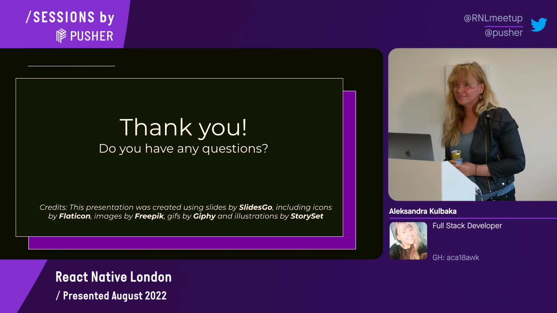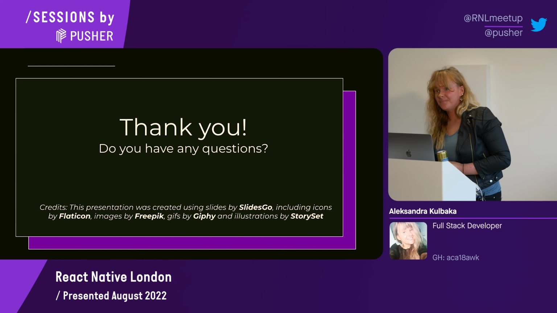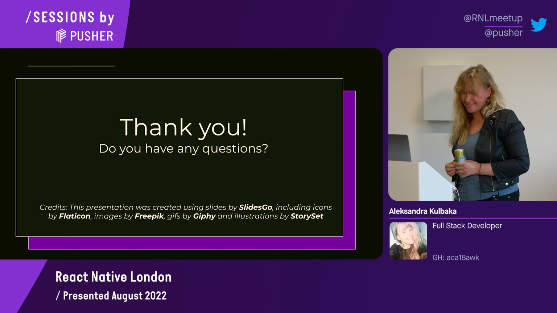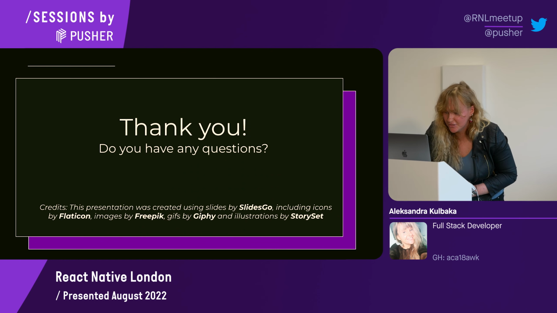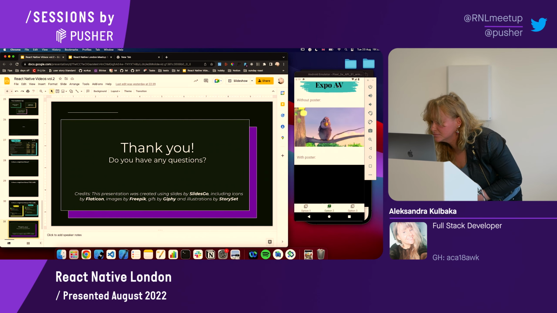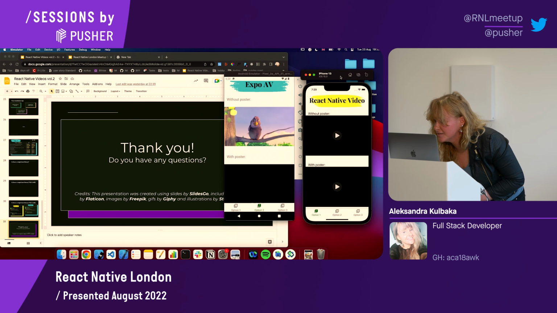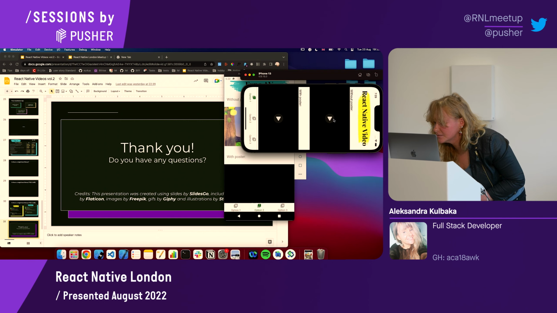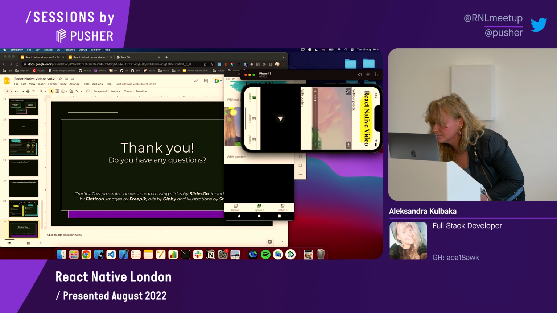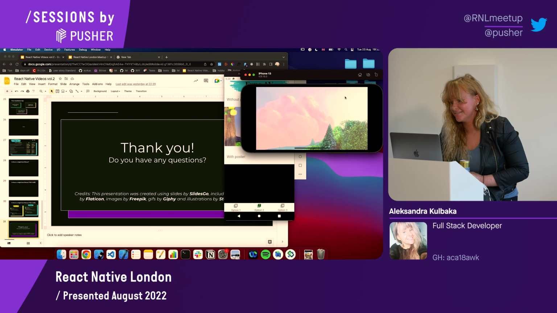Yeah, I was just wondering if you tested the full screen mode in landscape. Yes, I did. And did it work with both? Yeah. I don't know if I can show you on simulator. Let's see. It definitely works in the real device. Oh, yes.